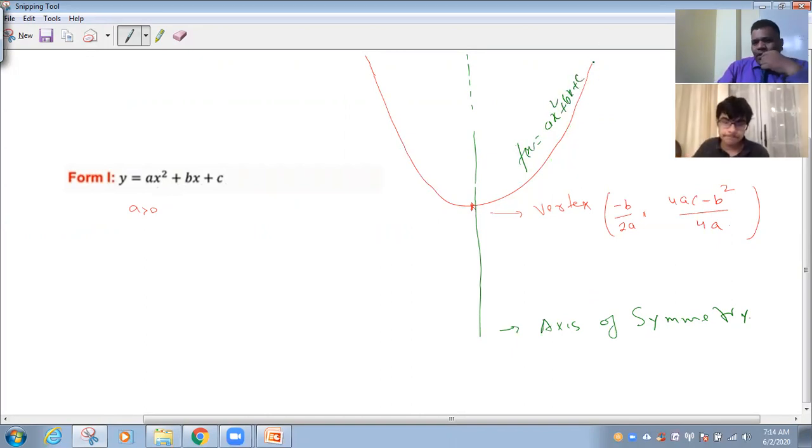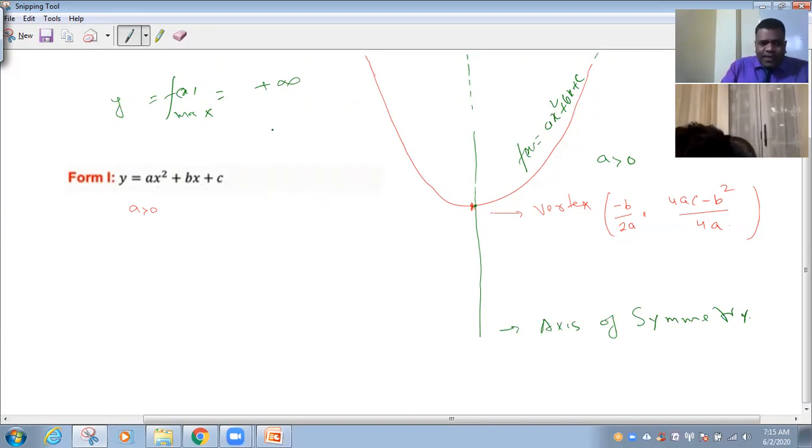In this parabola, where I'm considering a is positive, can you tell me what is the maximum value of this function? What is f of x max? It's infinity. Correct. As I told you, the value of the function is nothing but the y coordinate of the graph.